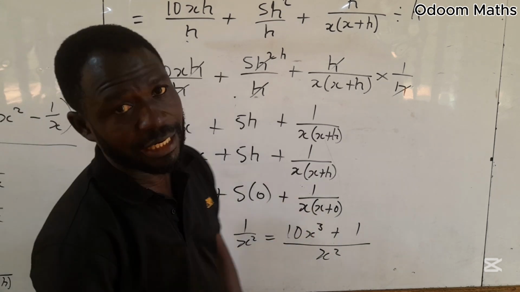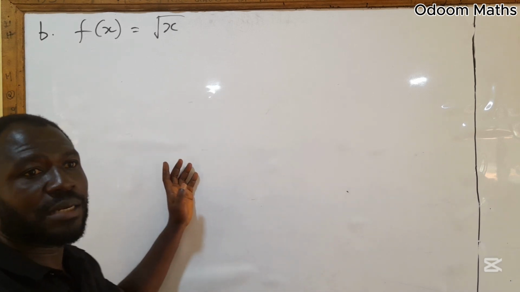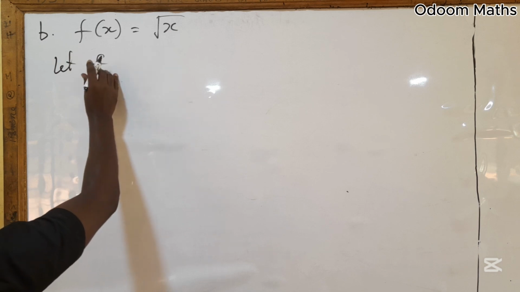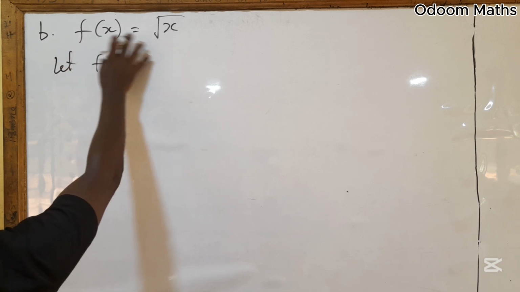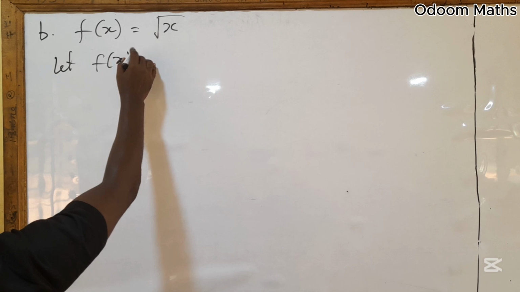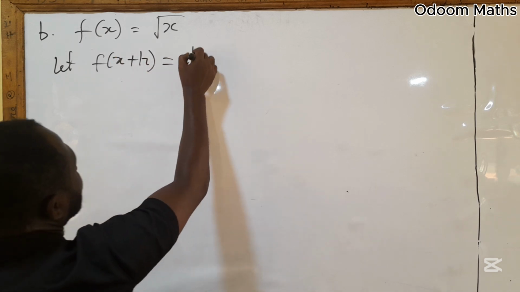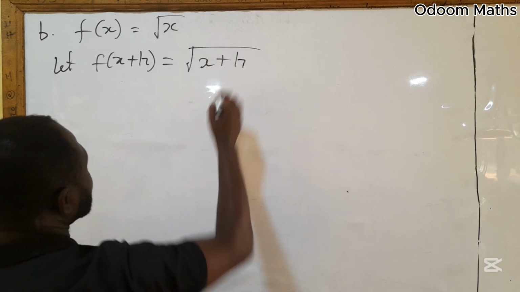Now let's look at the second example. Here, f of x is root of x, so let f of x plus h be root of (x + h).